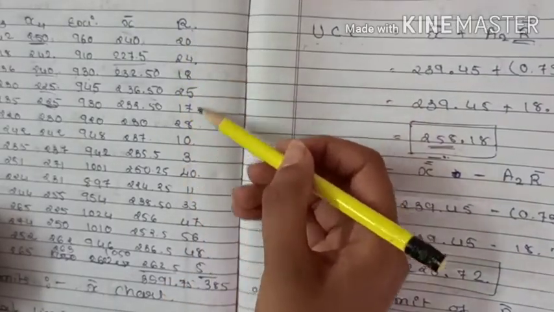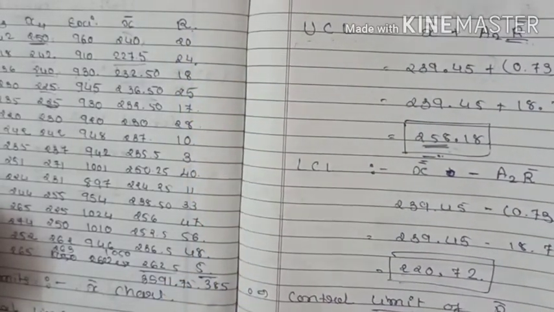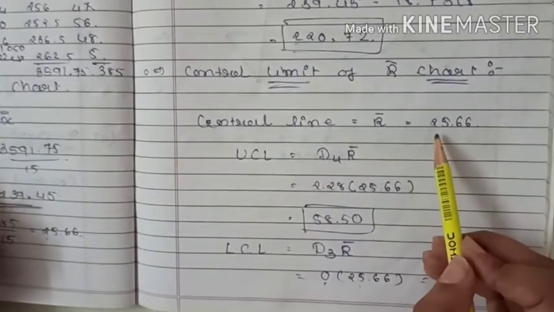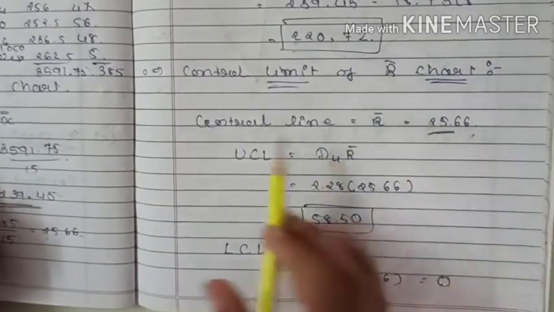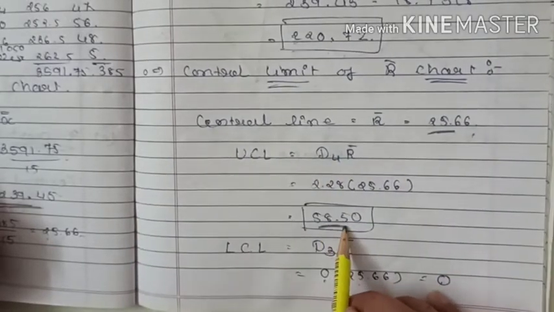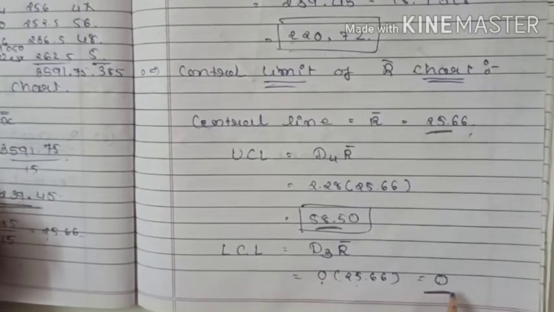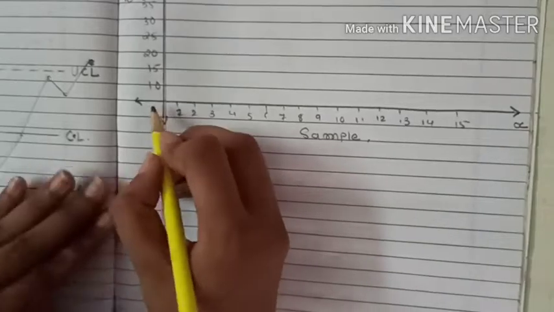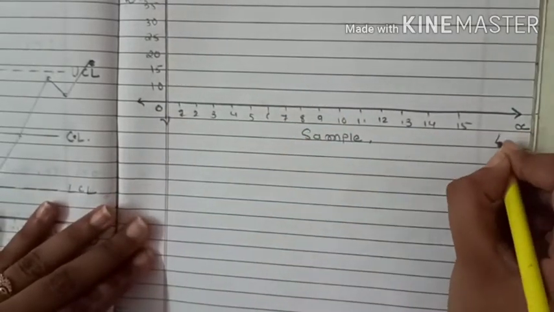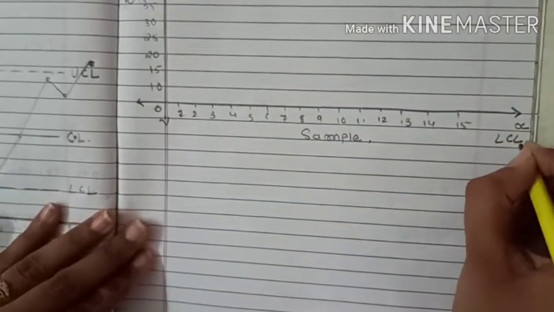So we have to put all these points on the R chart. What is the central line? Central line is around 25, upper limit is 58 and lower limit is 0. So here it's 0, so it will become the lower control limit, right?